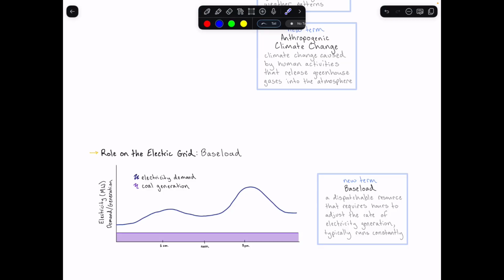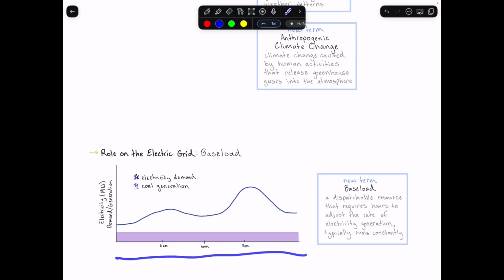They can typically take a couple hours to adjust the rate of electricity that they are outputting. And because they take a while to change their output, they are typically just operated at a constant rate throughout the day. And this is what I've drawn here in this little graph.